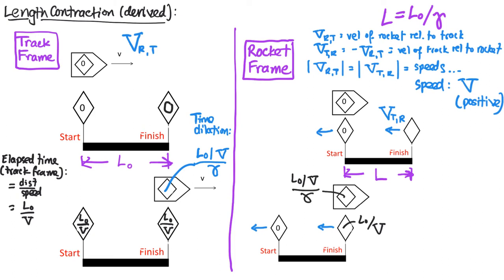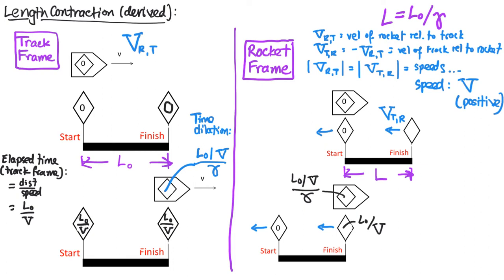Now we have all we need to show that the length of the racetrack is L naught over gamma. How do we do that? Well, the finish line clock has to travel a distance L, and the elapsed time is L naught over v all over gamma, because the rocket frame clock went from 0 to that value. And the speed of the finish line clock is v.